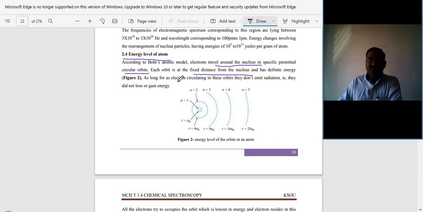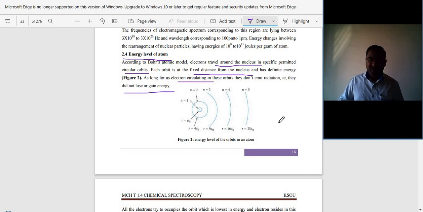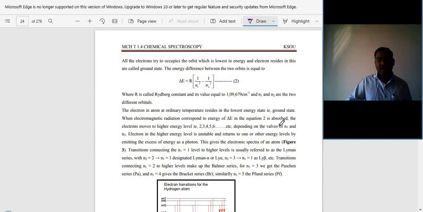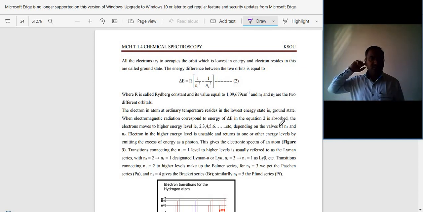As long as electrons circulate in these orbits, they do not emit radiation, and they neither lose nor gain energy. All electrons try to occupy the orbit which is lowest in energy, and an electron residing there is in the ground state.